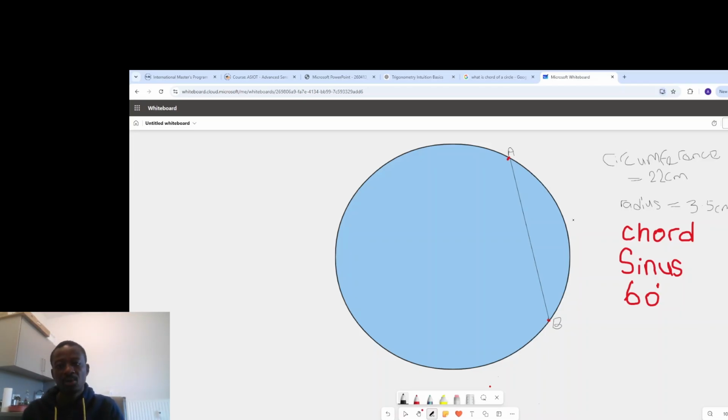So a chord is a straight line connecting 2 points on a circle, lying inside a circle.